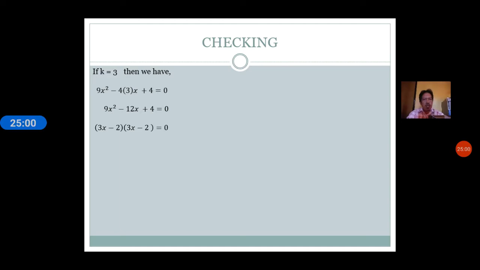To factor, we just take the square root of 9x squared, that is 3x, and the square root of 4 is 2. Since the middle term is negative, the factor of 9x squared minus 12x plus 4 is 3x minus 2 quantity squared, or simply 3x minus 2 times 3x minus 2.